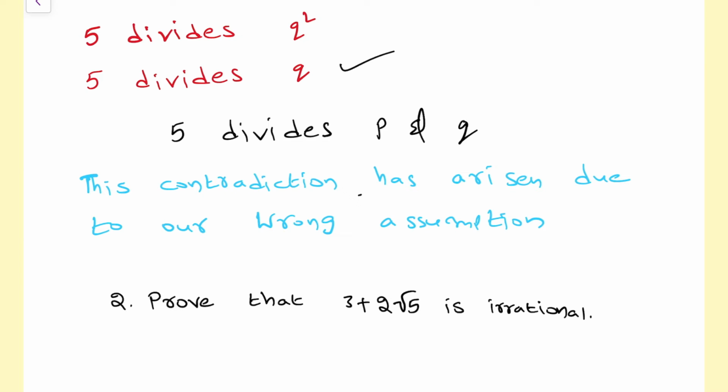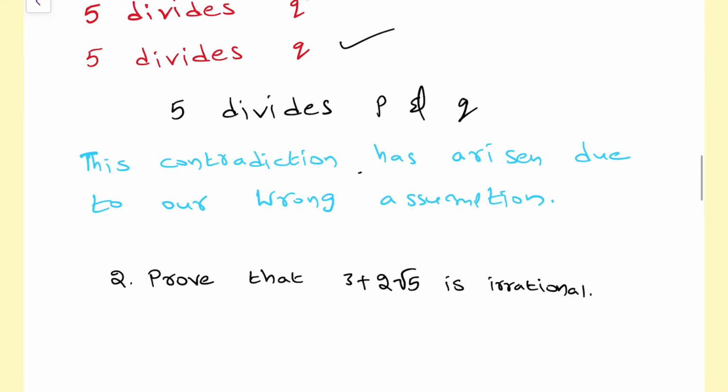You need to write here, 5 divides p and q, right? It contradicts the fact that p comma q are co-primes. So this contradiction has arisen due to our wrong assumption. So the given question, root 5 is an irrational number.